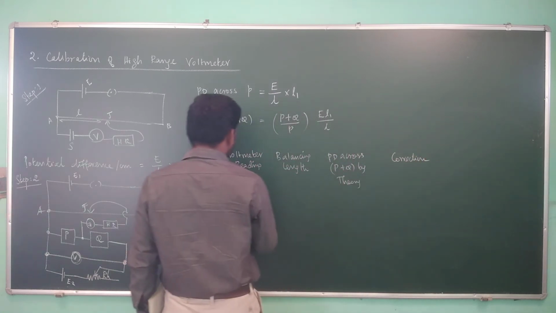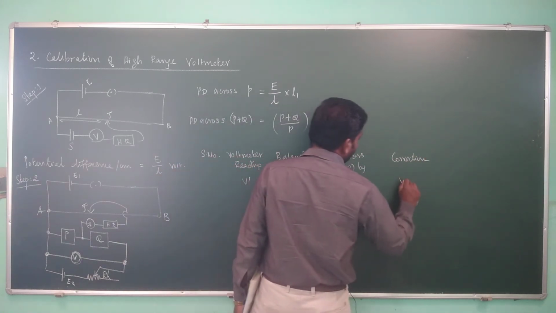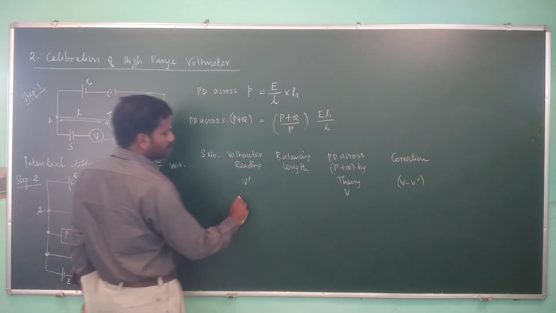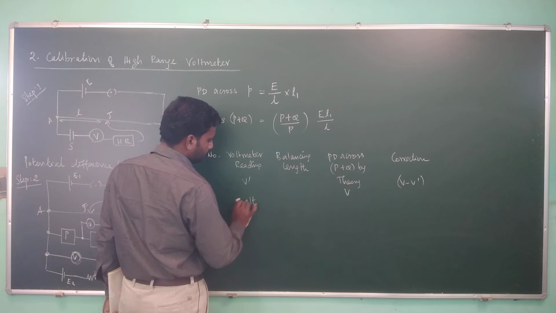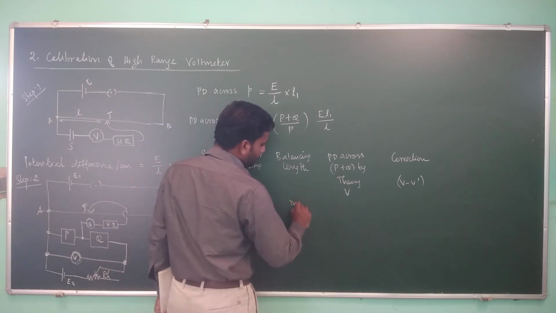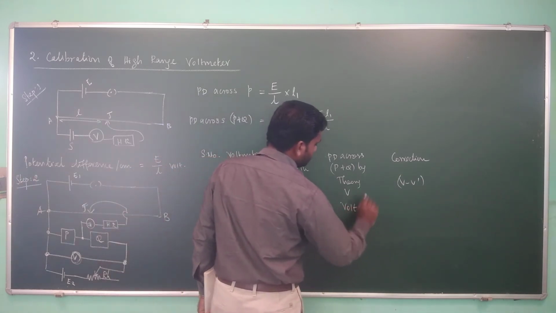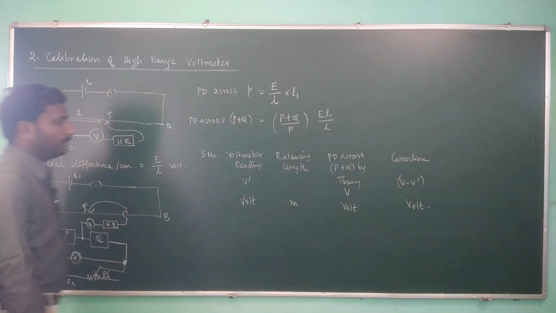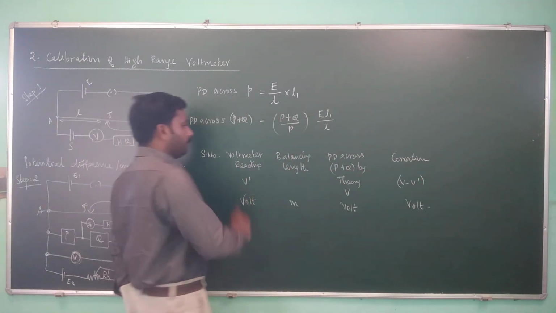If this is V prime and this is V, then the correction is V minus V prime. The unit for this is volt, here it is meter, here also volt, here also volt, right?